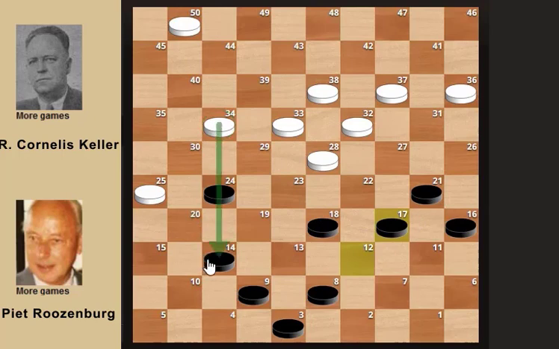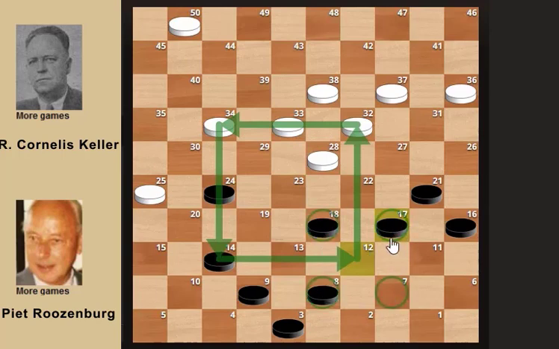So when we draw the square, we understand why Roozenburg moved his piece from 12 to 17, because we know the positions surrounding the vertex at 12 are 17, 18, 8, and 7. So Roozenburg moved his piece from 12 to take that position.